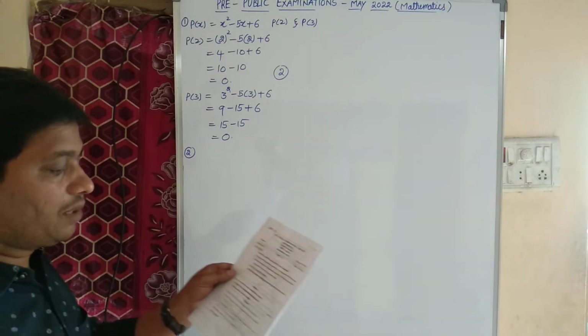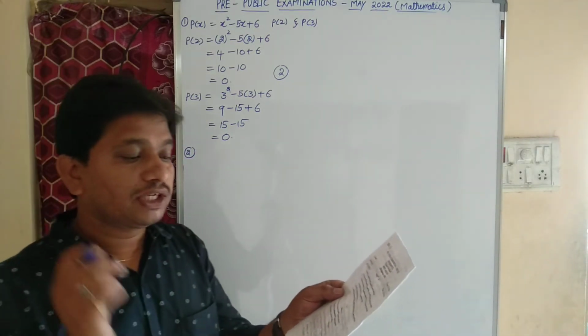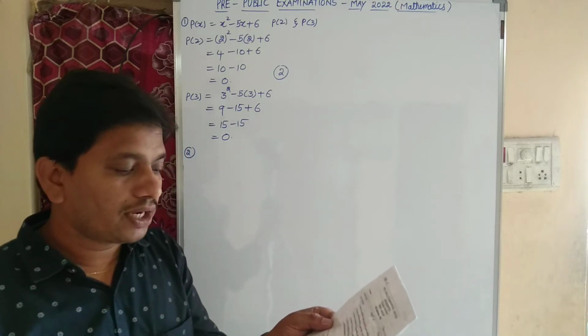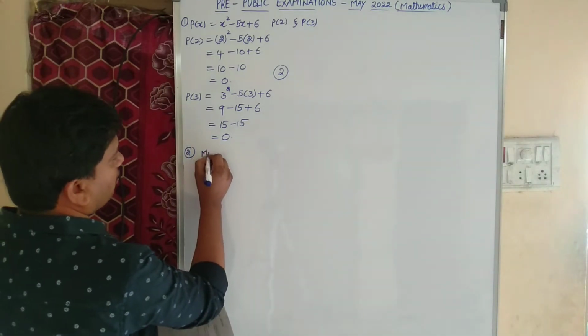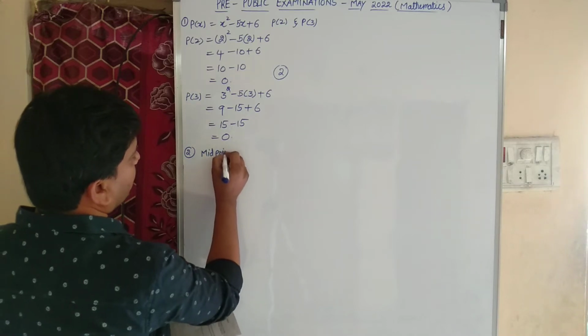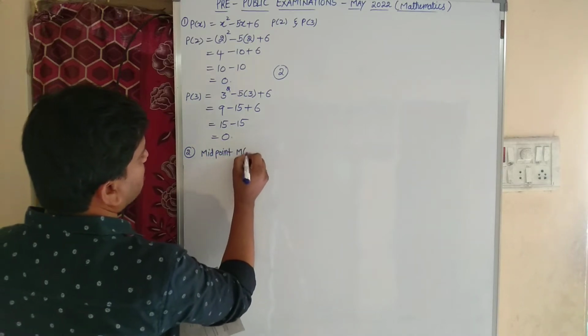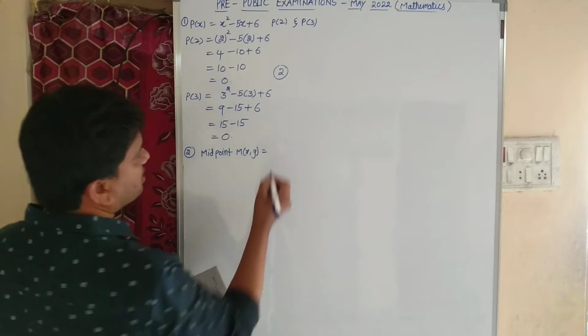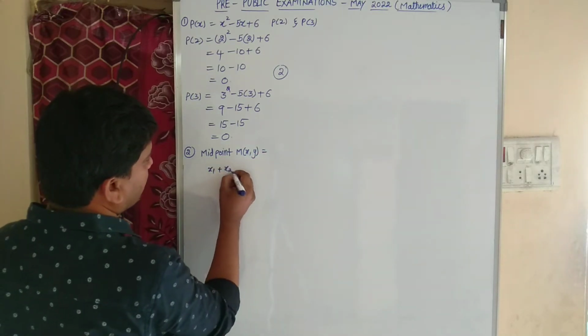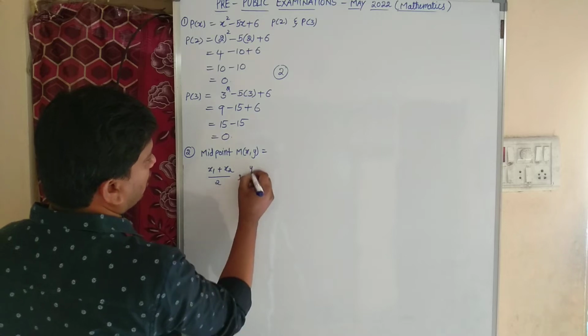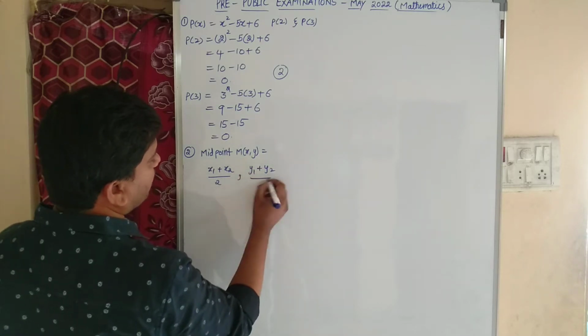Find the midpoint of the line segment joining the points (2, -5) and (-2, 5). They are asking to find the midpoint of the line segment joining the points. What is the midpoint formula, children? Midpoint M of (x, y) equals ((x1 plus x2) by 2, comma (y1 plus y2) by 2).